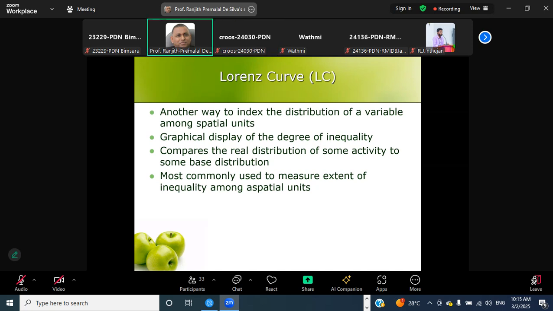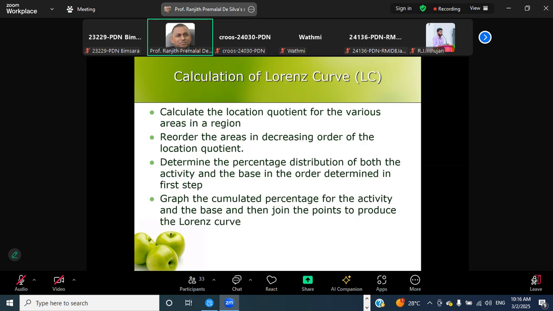Right. It compares the real distribution of some activity to some base distribution, and it's most commonly used to measure the extent of inequality among non-spatial units, but spatial units also you can use.